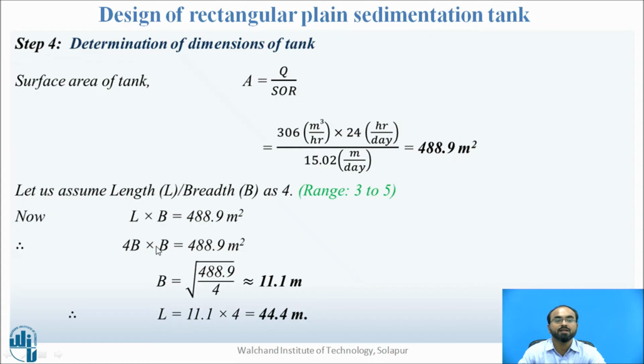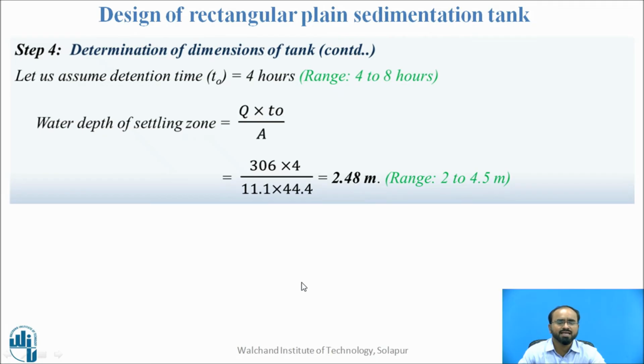So, 4B multiplied by B is equal to 488.9 meter square. So, B will become the root of 488.9 divided by 4, so you will be getting 11.1 meter. As we know the breadth, we can easily calculate the length, that is 11.1 multiplied by 4, which is 44.4 meter. We know the length, we know the breadth.